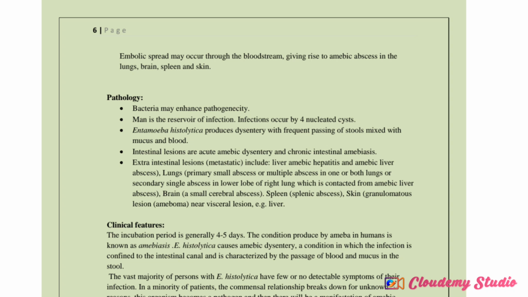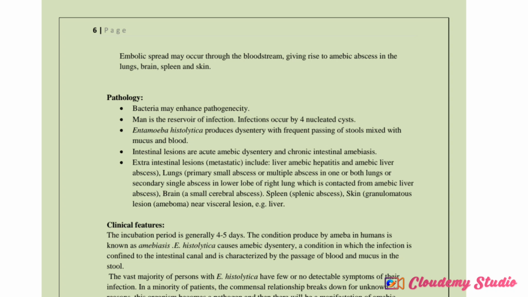Now, that is the pathogenicity that we are going to talk about here. Mainly we have three: the intestinal amoebiasis, the hepatic amoebiasis, and the pulmonary amoebiasis. The intestinal amoebiasis is the one that infects the intestine. The hepatic amoebiasis is the one that affects the hepatic region, like the liver. You understand?